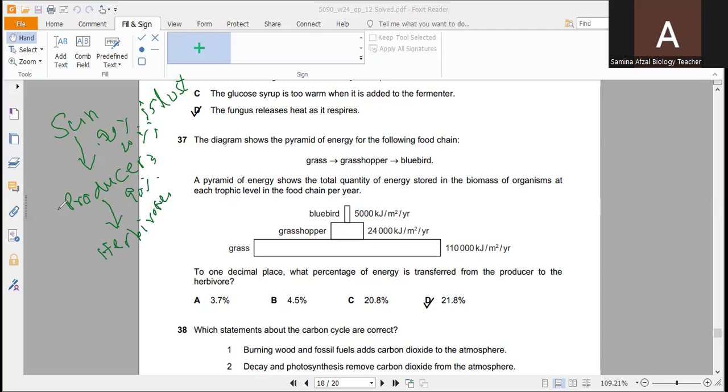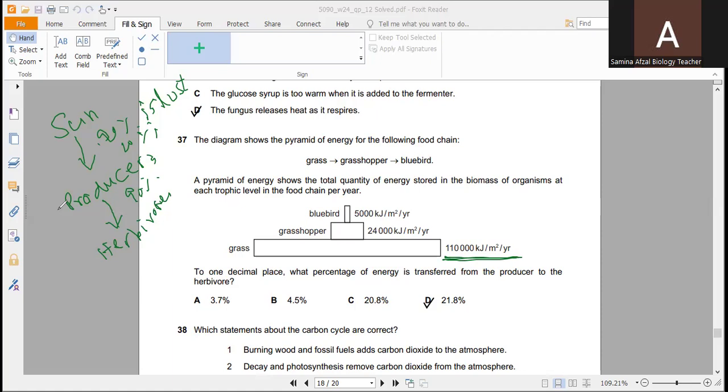So here you can see the grass is using 110. We have to divide with this formula. We can make use of this formula to calculate the energy.